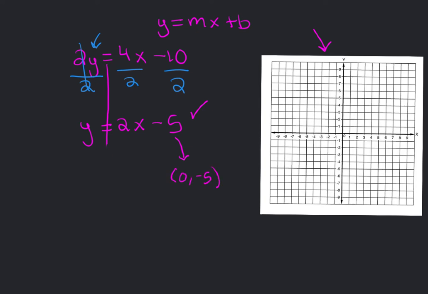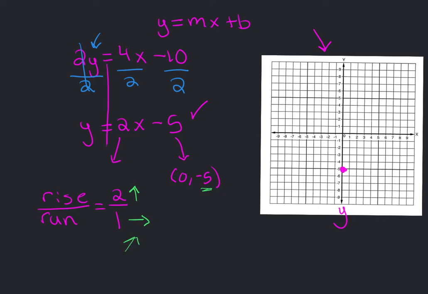So we always start by putting a dot at -5 on the y-axis. And then we use our slope 2 to do our rise over run. So rise over run is equal to 2 over 1. So what that means is from our y-intercept, we're going to go up 2 and right 1. We're always going to go to the right.